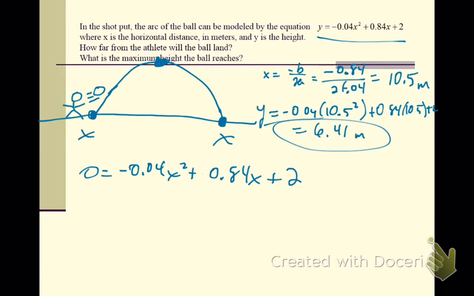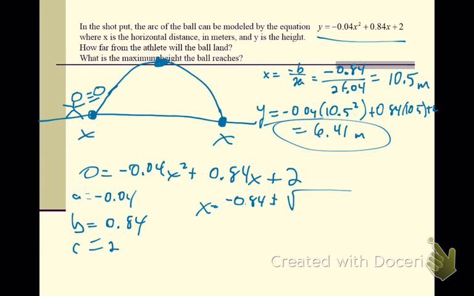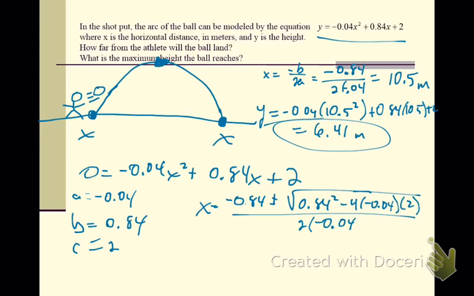And square root method and factoring are not going to work here, so we need to do the quadratic formula, where a is negative 0.04, b is 0.84, and c is 2. So that'll look like this right here, all over 2 times negative 0.04. Weird.